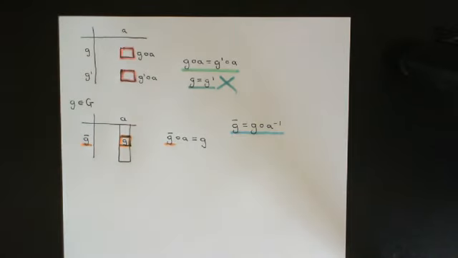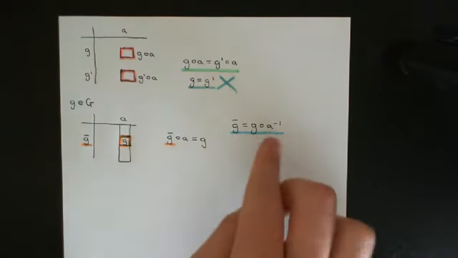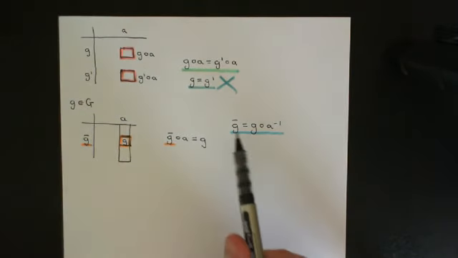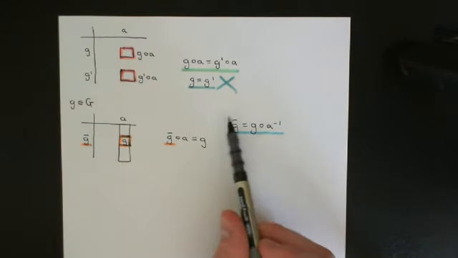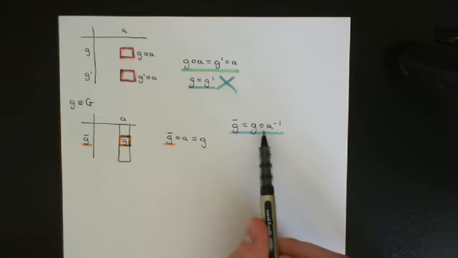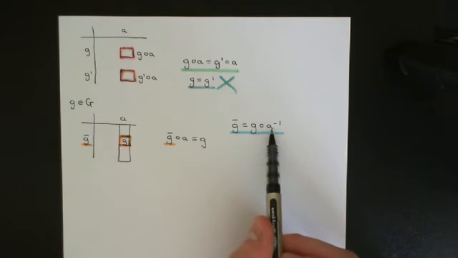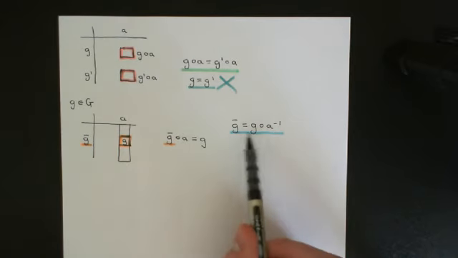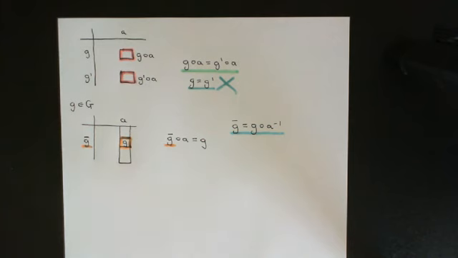Use that element as your g bar, and my claim is that when you multiply this by little a, you must get back little g, because I can express little g bar as little g composed with a inverse, and then the a inverse must cancel with that little a to give you little g back again. That's how you can find this little g bar to use and right multiply by little a to find this element little g within your column.